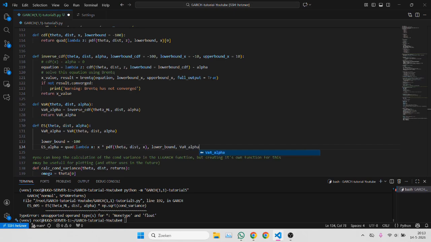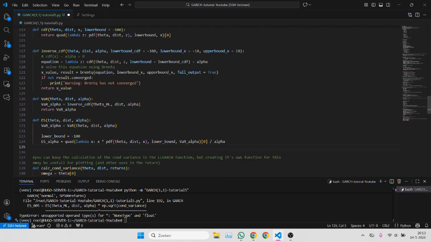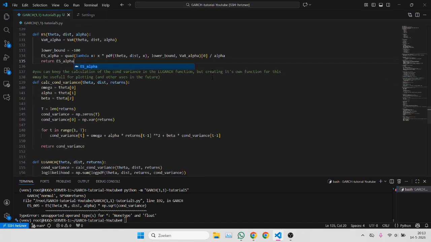This is all from our definition. And we take the value that comes out of this and we divide by alpha, which we also saw in the definition. Then the calculation is already finished and we can return the expected shortfall at level alpha.